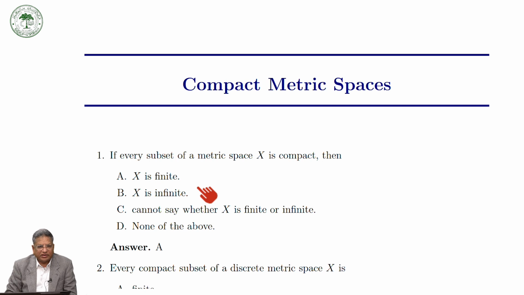Then X is finite, X is infinite, cannot say whether X is finite or infinite, or none of the above. We have just seen that if every subset of a metric space X is compact, then the space is finite. We have seen this in my previous talk, and therefore the answer is A.